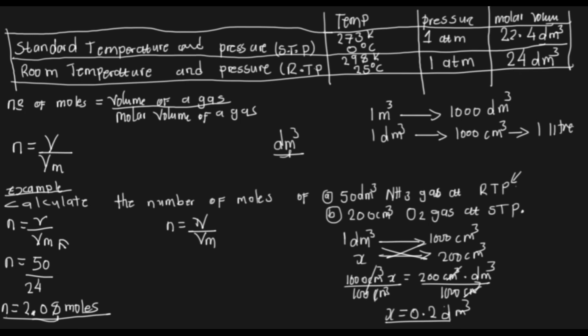So what we are saying is if you are converting from decimeter to centimeter, you multiply, then from centimeter to decimeter, you divide. So what we are saying is 1 decimeter is equal to 1000. So from decimeter to centimeter, you multiply by 1000.